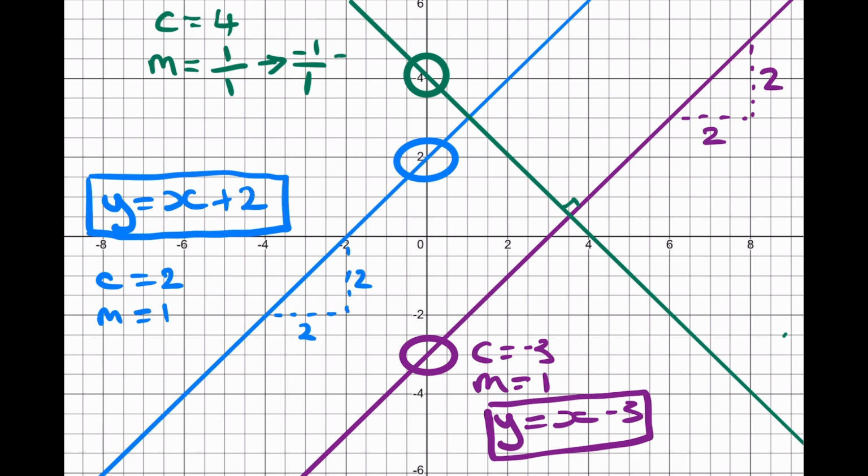So our gradient is -1. Let's pop that over here. So the equation for the green line is y is equal to -1x, so negative x, again we don't write the 1 in, and then add 4.